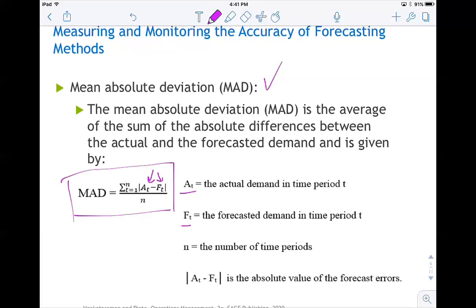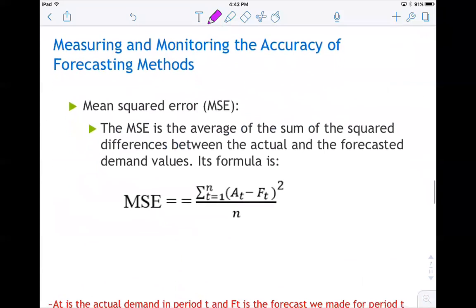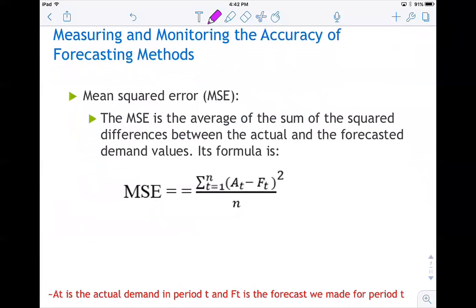It sums them up across all the time periods and divides by n, which is the number of time periods that we had in our observation. What I am referring to will be very clear in the example that follows. But let's look at the mean square error calculations first, and then we're going to study the exercise problem together.